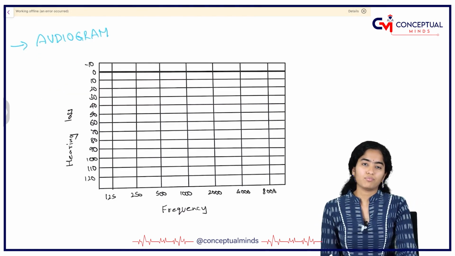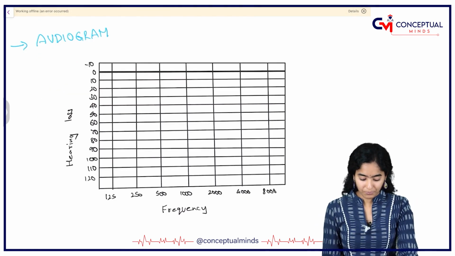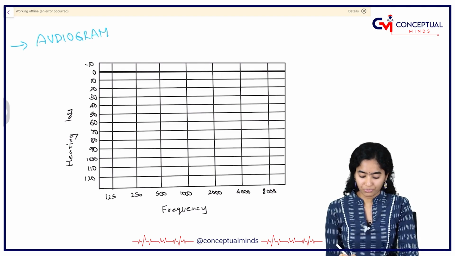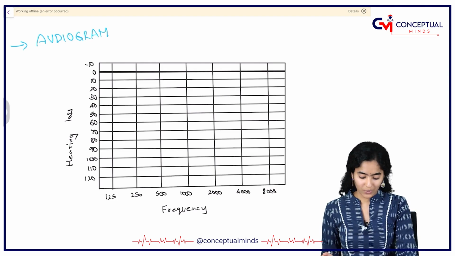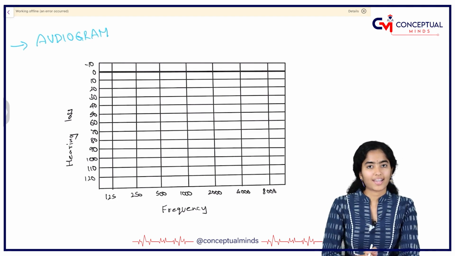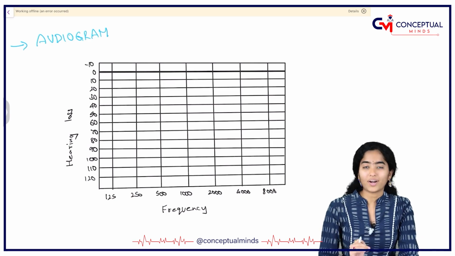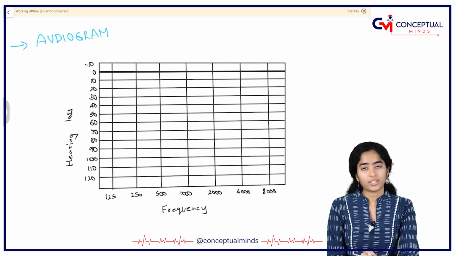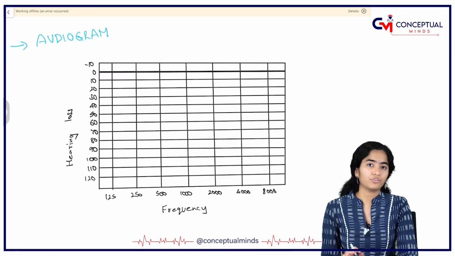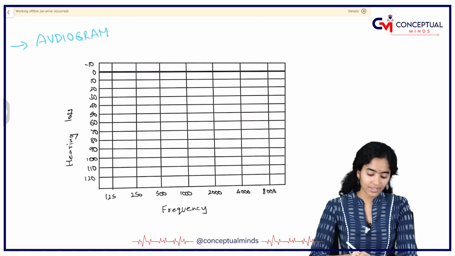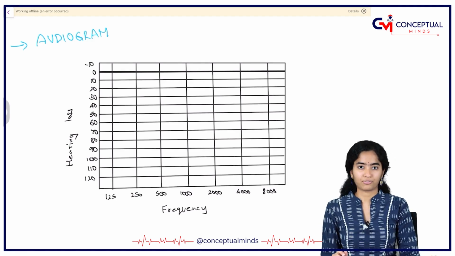An audiogram would look something like this. On the bottom side you have frequencies 125, 250, 500, like that. There are various frequencies. And on the y-axis we have hearing loss from -10 up to 120. We are measuring the hearing loss and not the amount of hearing that the patient can have. It is the loss that he is having that is charted on this graph.